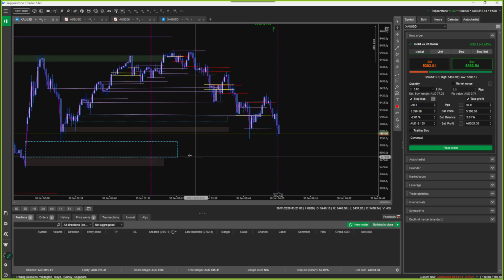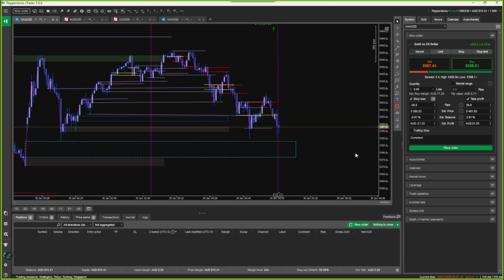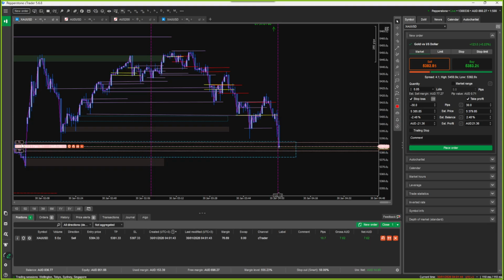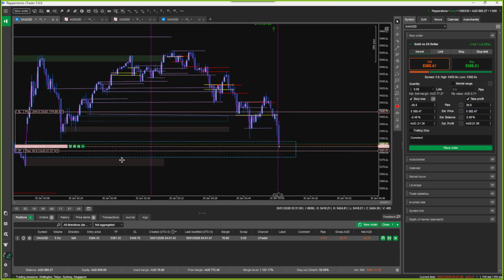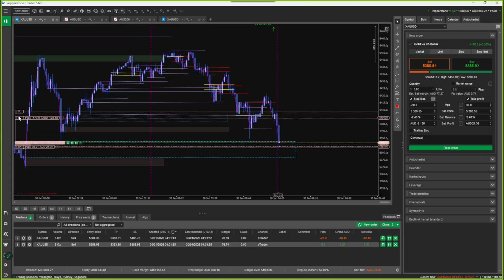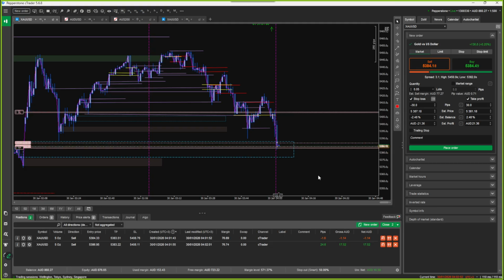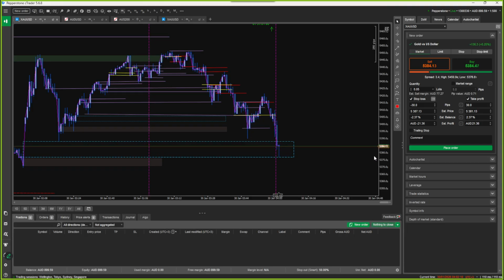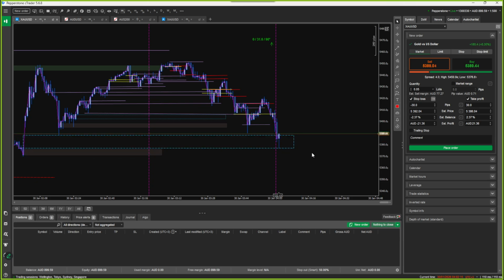Yeah, right. There you go, filled the gap. There's the bottom of the gap, blue line.